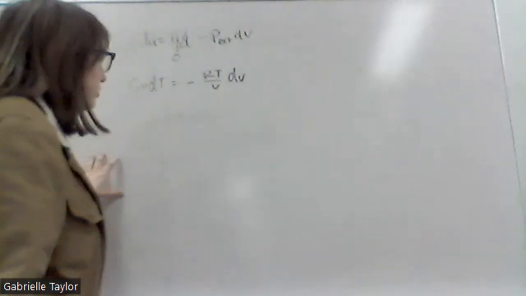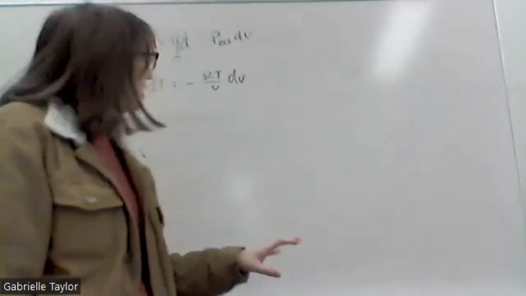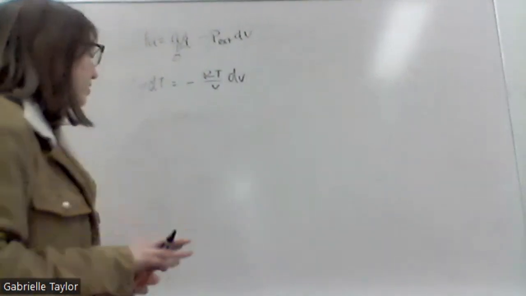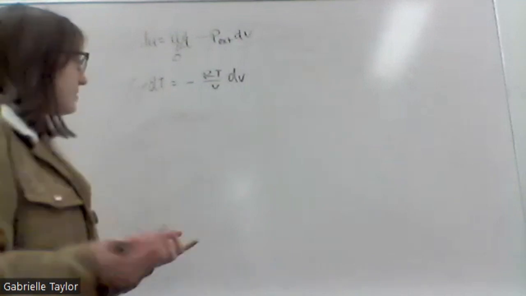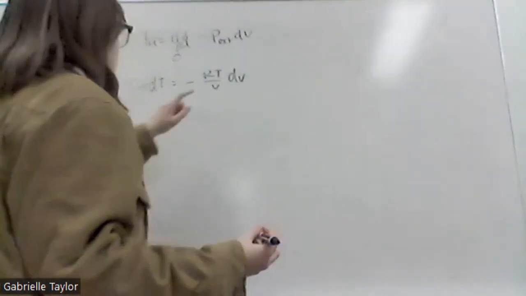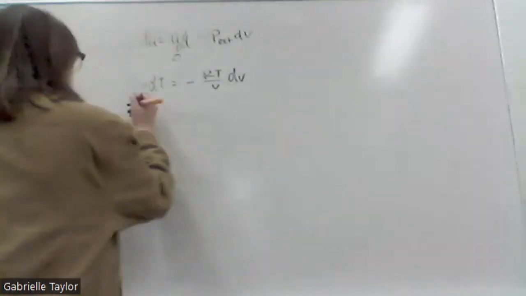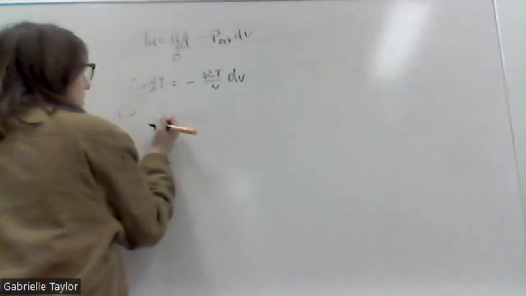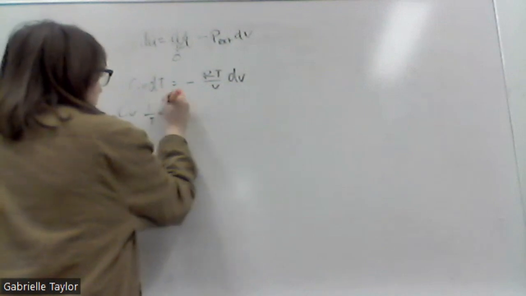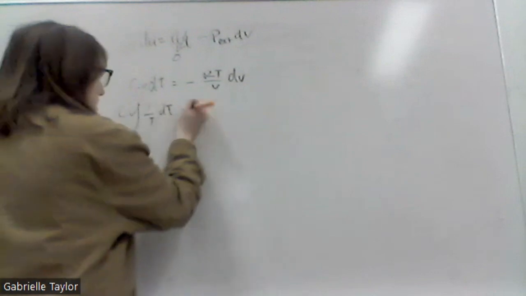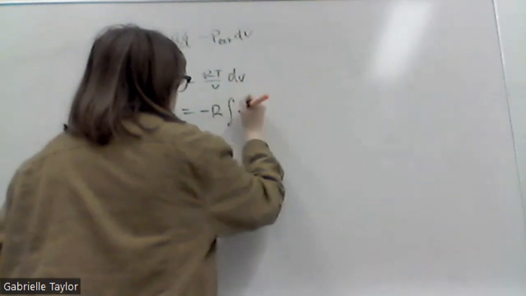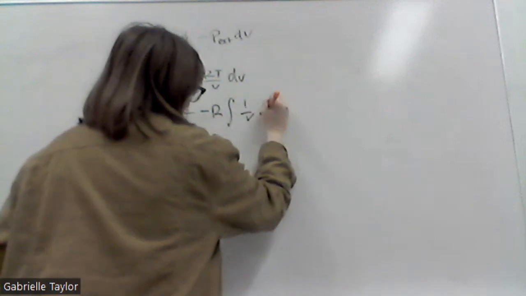And we know that our temperature and our volume are going to change. So that means we're going to have a differential equation, and we're going to separate our two variables and then integrate both of them respectively. So we're going to take our T and bring it over here. We know our Cv is just going to be a constant, for dT, and we're going to do the integration of that, and then we're going to have R, and we're going to do the integration of 1 over V dV.